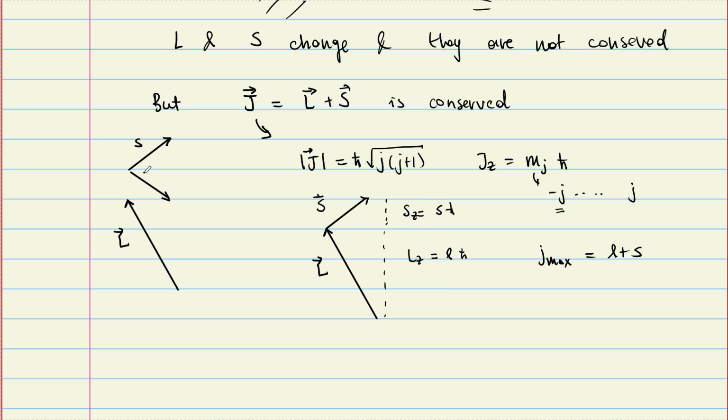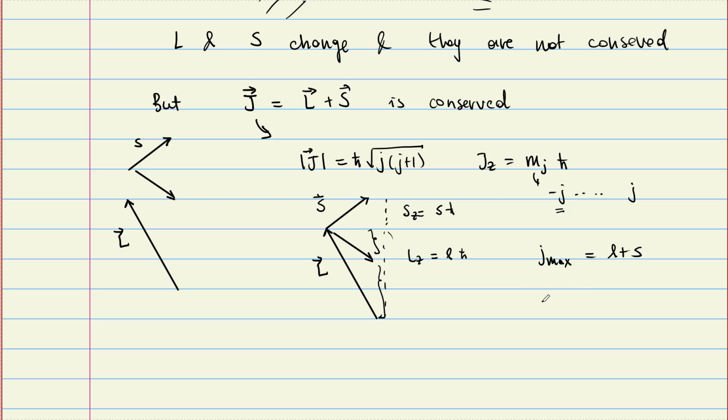For the minimum possible one, I'm going to just take this guy. Now it is not going to be the sum of their projections but the difference, right? This is subtracted. So this is the total, and from L you need to subtract the little one.